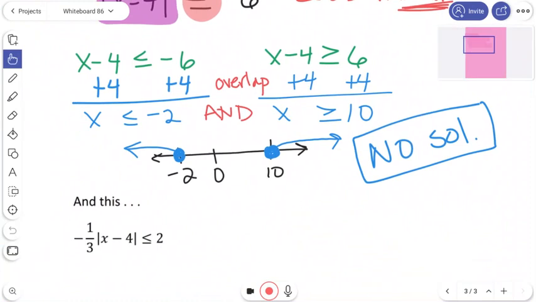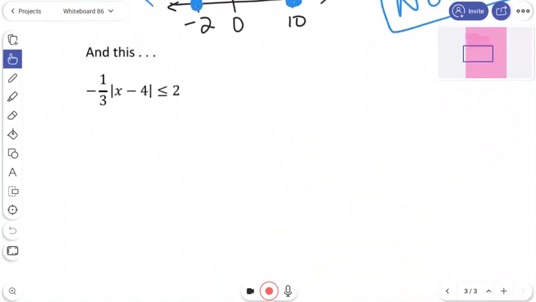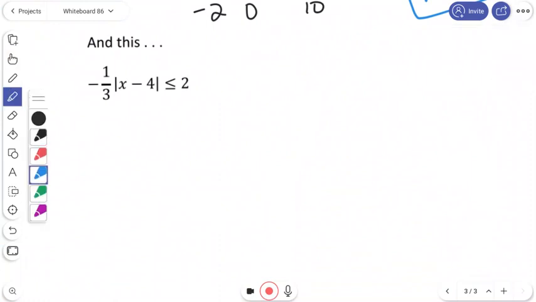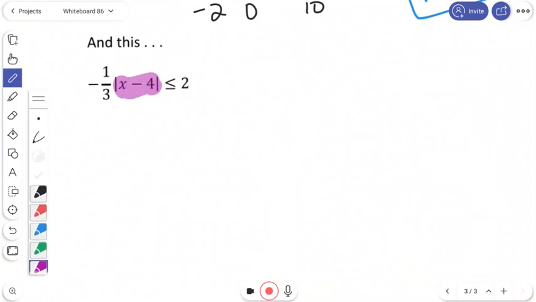All right, try one more. It's your other bonus problem. What if we have the same inequality, but our sign is flipped? We still need to isolate our absolute value expression. We're still going to multiply by the reciprocal of our fraction, negative 3.